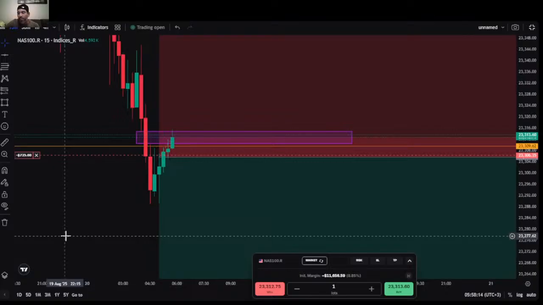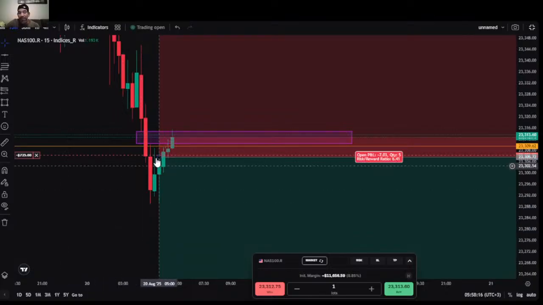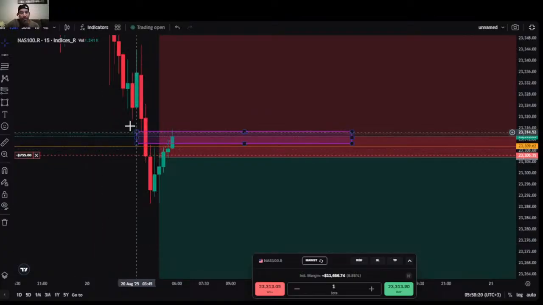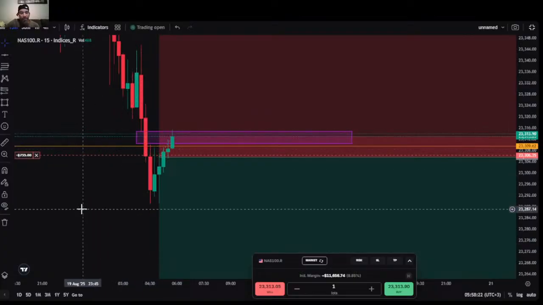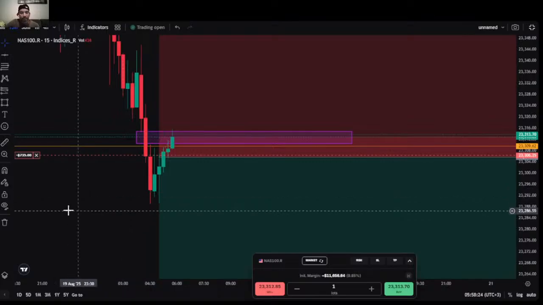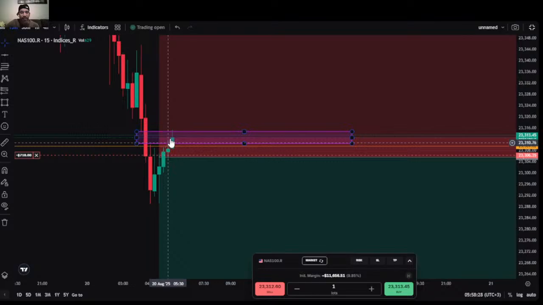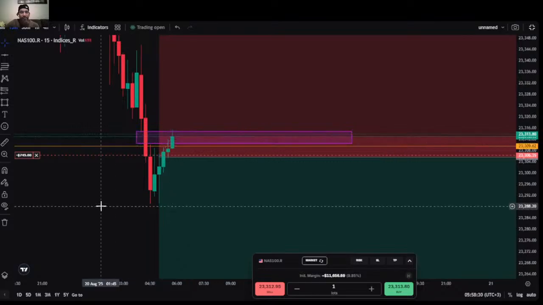Oh, you're talking about on your 15-minute chart, it broke the FVG already? I mean, I'm on TradeLocker, so I don't know. Maybe the platform or the broker is different, I guess, but it hasn't invalidated it on this chart yet.